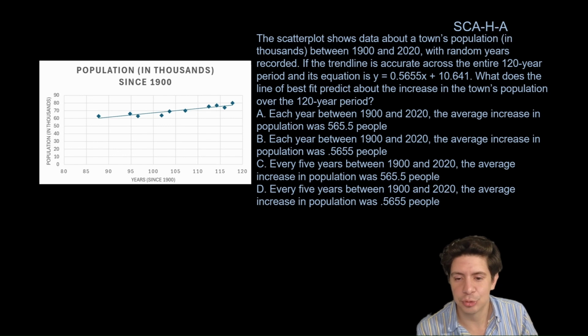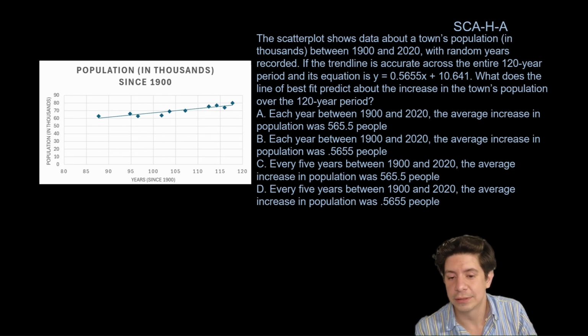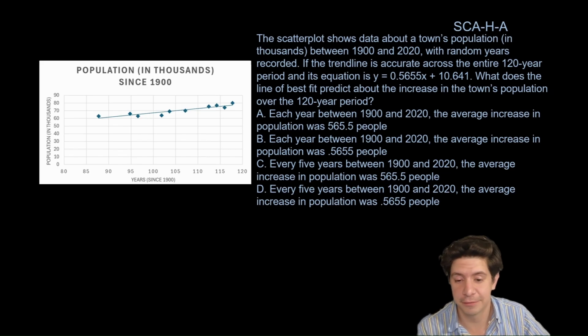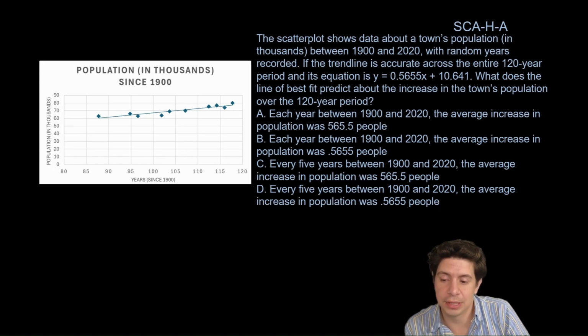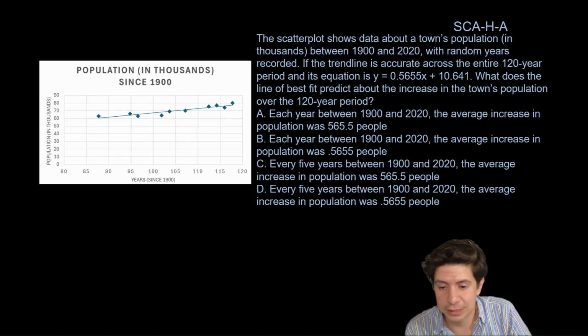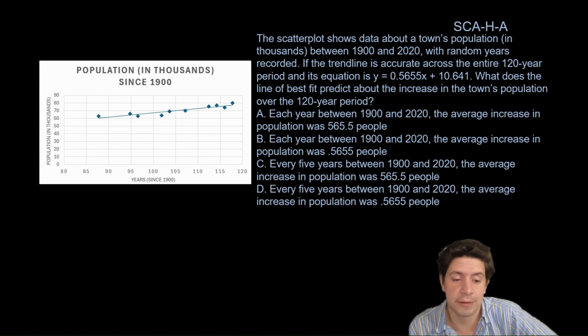A, each year between 1900 and 2020, the average increase in population was 565.5 people. B, each year between 1900 and 2020, the average increase in population was 0.5655 people. C, every 5 years between 1900 and 2020, the average increase in population was 565.5 people. D, every 5 years between 1900 and 2020, the average increase in population was 0.5655 people.